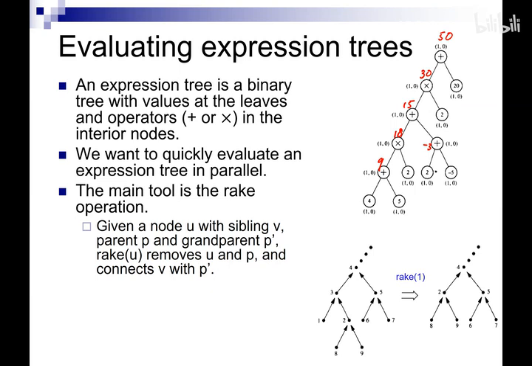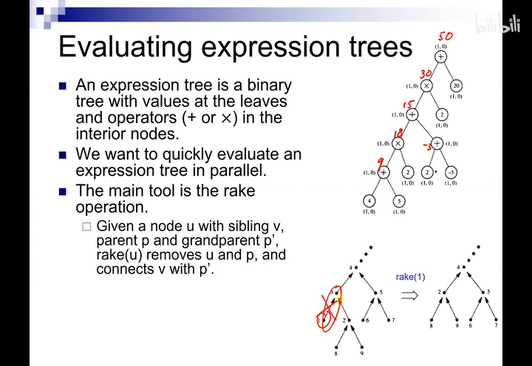We're going to remove some of the nodes from the tree. The way this works is that when you rake, you have to pick a node to rake from. In this case, for example, we're going to rake from this node 1. What that involves is that we're going to take this node and its parent, and we're just going to remove them.